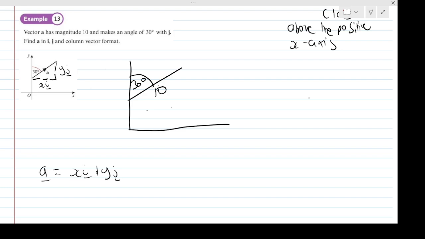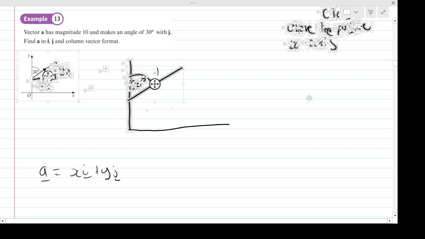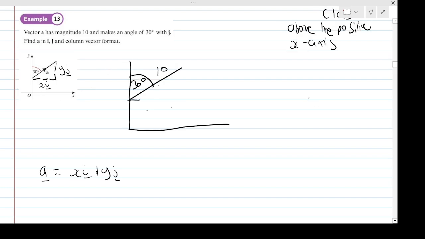If we do it to this diagram, we go some length x across, and then y up. Then you can start to see a triangle form.